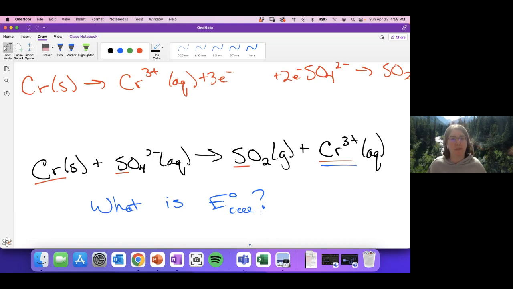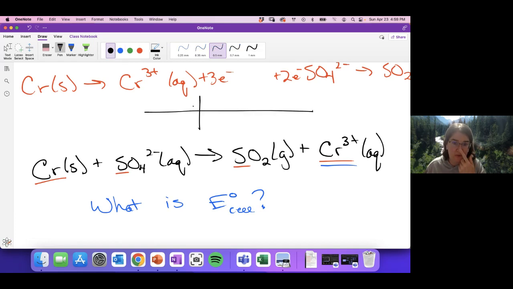If this is what my question is, then I need to do a few things. One, I do need to identify what's being oxidized and what's being reduced, because that's going to matter in E-cell. Now, we've already solved for the half reactions, but we're going to go ahead and still talk through this.